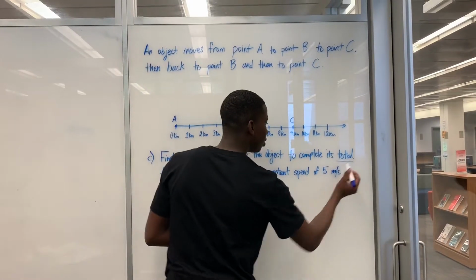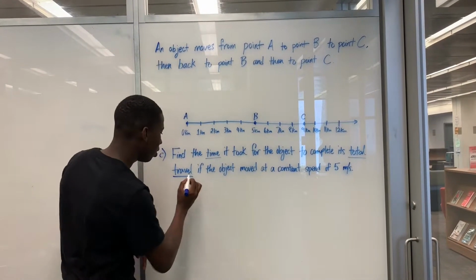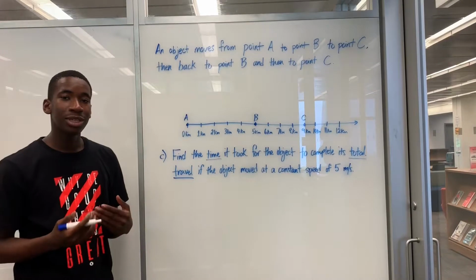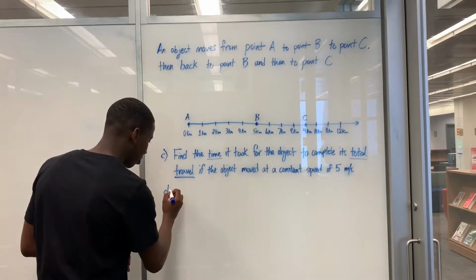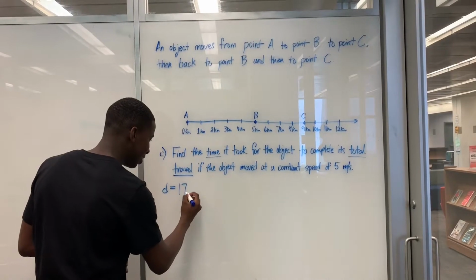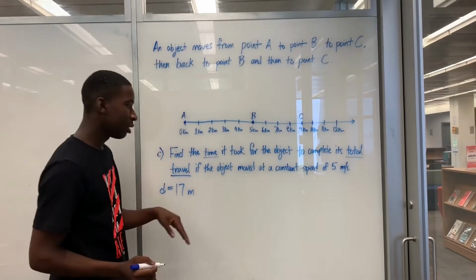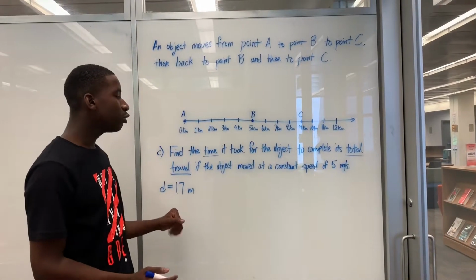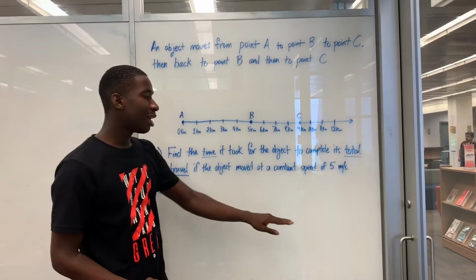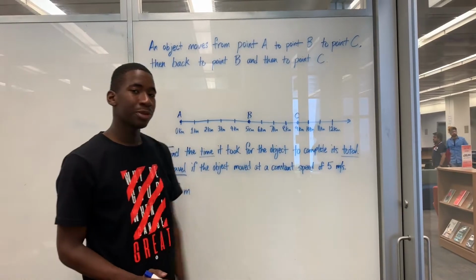So the question is saying total travel, which tells me that I'm going to need to use the distance. And we found out before that the distance equaled 17 meters.